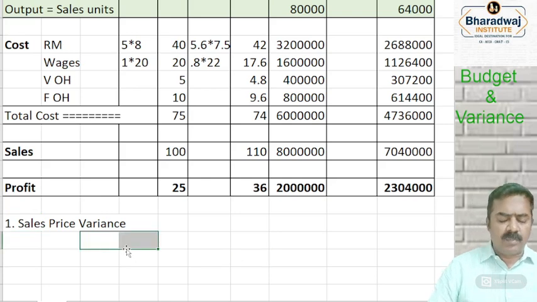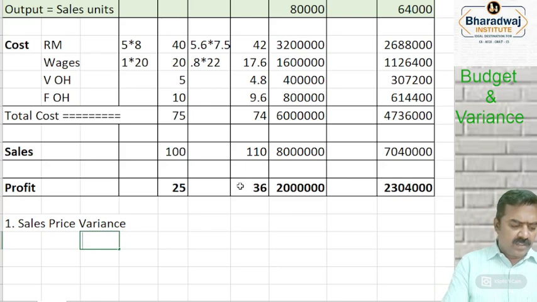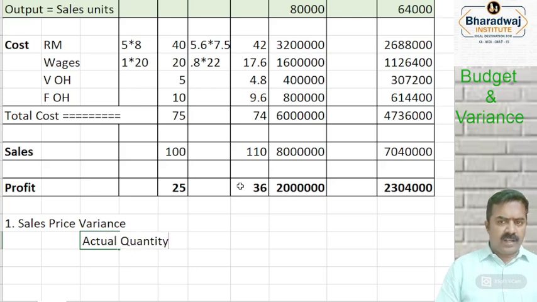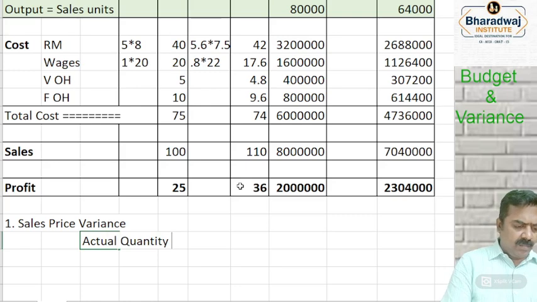Normally it is actual quantity multiplied by actual price minus standard price.